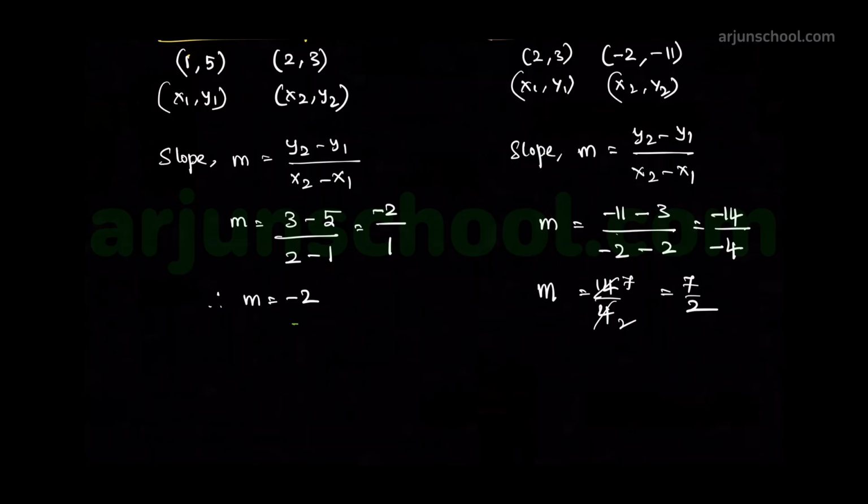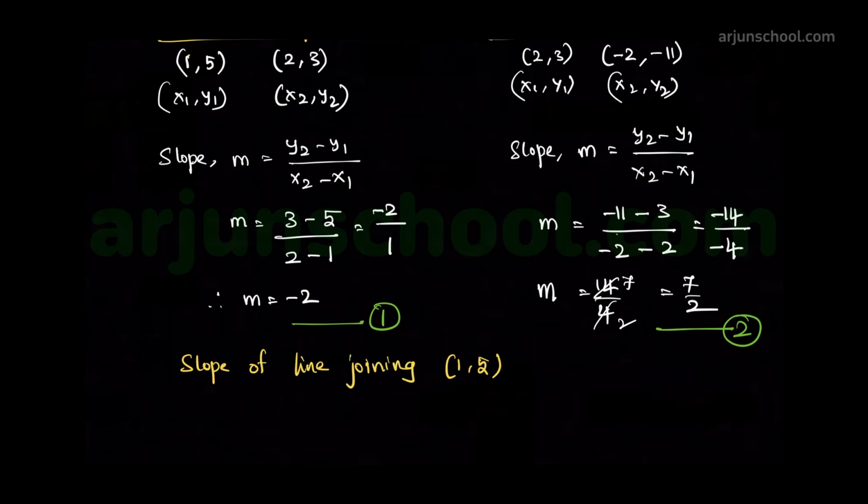Now we have found the 2 slopes. Let us compare these two slopes. The slope of the line joining the points (1, 5) and (2, 3) is minus 2.